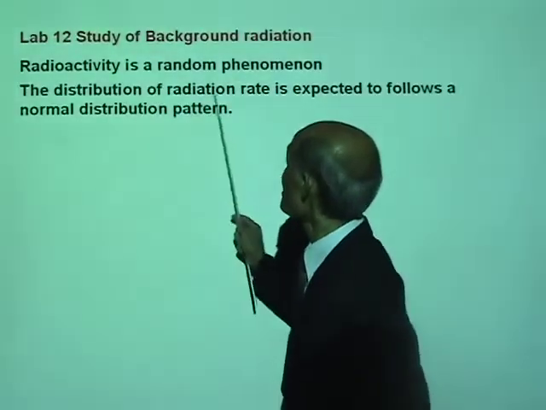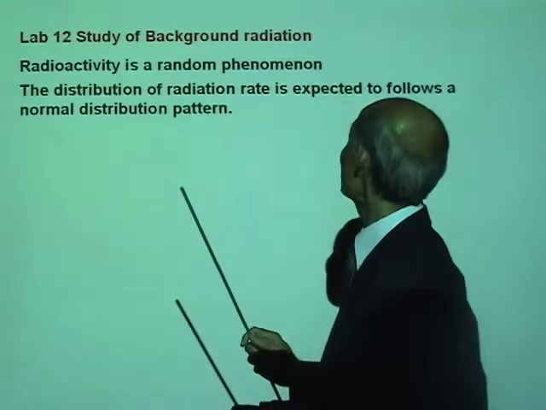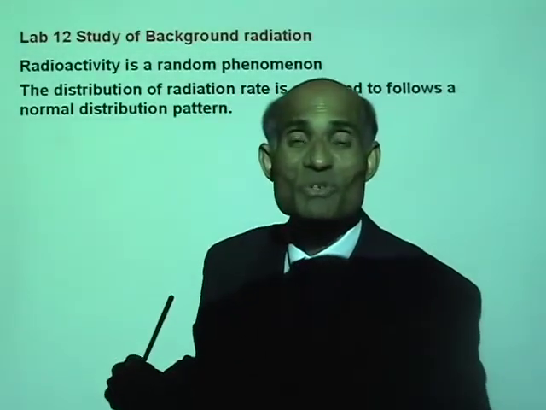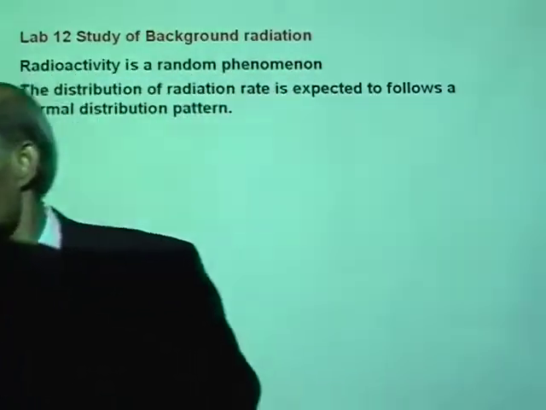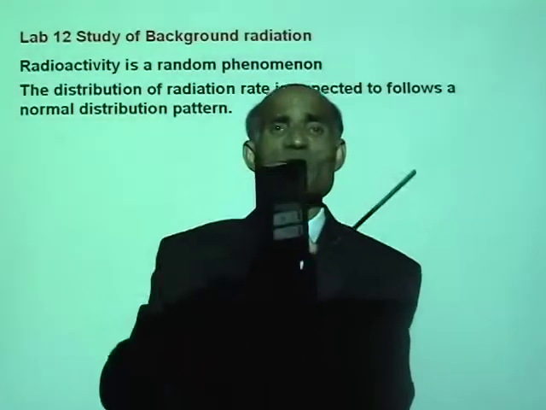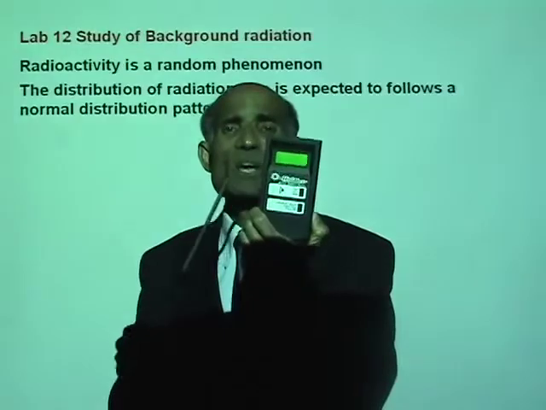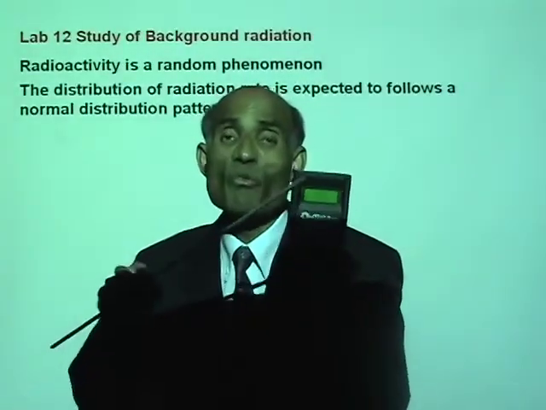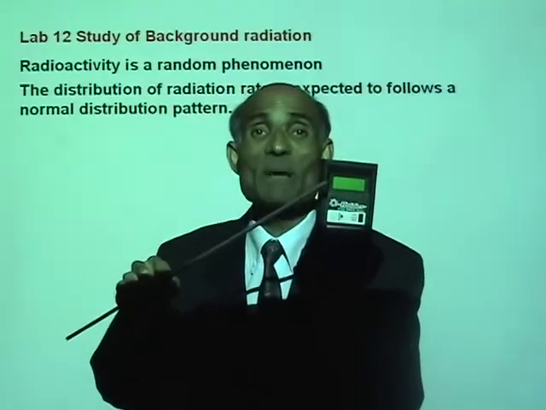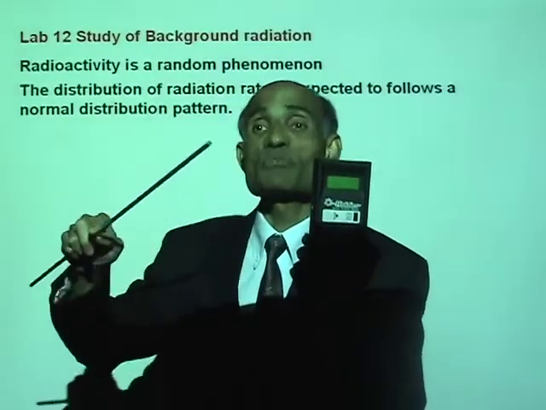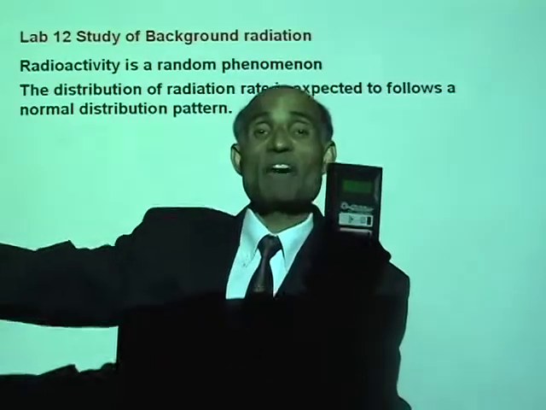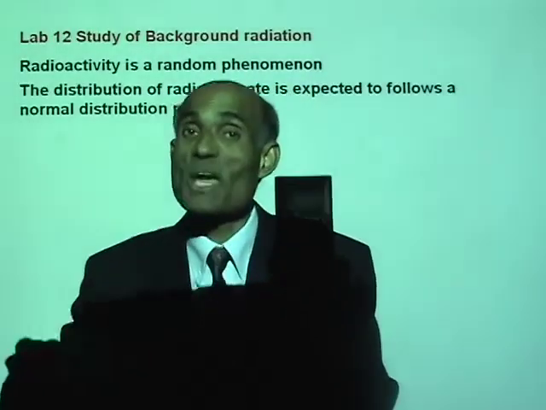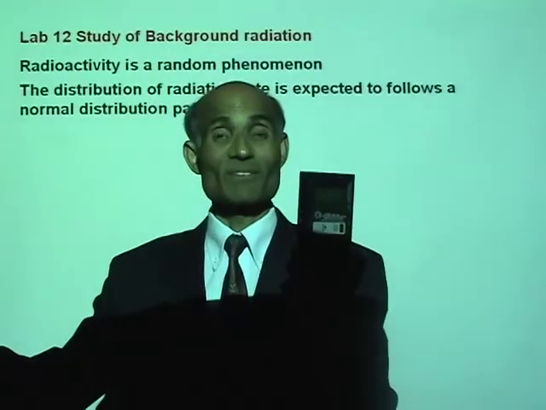The distribution of radiation rate is expected to follow a normal distribution pattern. In other words, if we use this instrument to measure the number of radiations for a period of 1 minute, and we measure it for about half an hour, do you think each minute you get the same number of radiations?